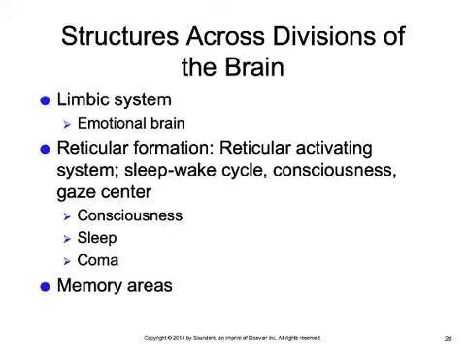Okay? And then there are memory areas in the limbic system. The hippocampus, for instance, is like the body's DVR. And what it does is it stores information that you've gathered during the day, and then as you're sleeping, it plays it back into appropriate areas of the brain that store memory.